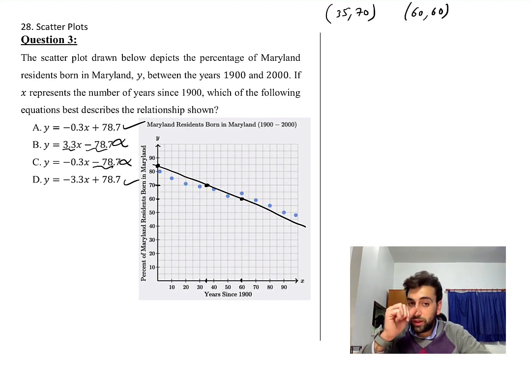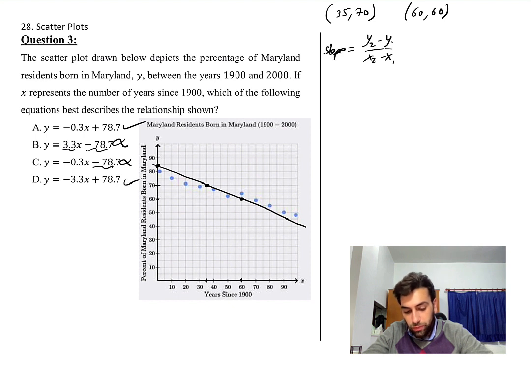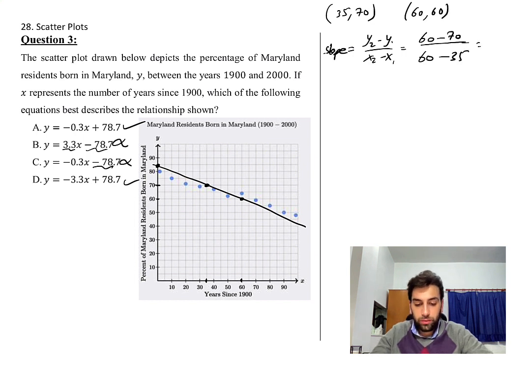Now just do the values, which are y2 minus y1 over x2 minus x1. You will get the slope, or something near to the slope, which is 60 minus 70 divided by 60 minus 35, which is equal to minus 10 divided by 25.